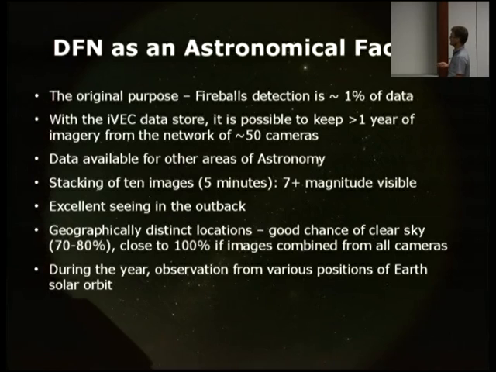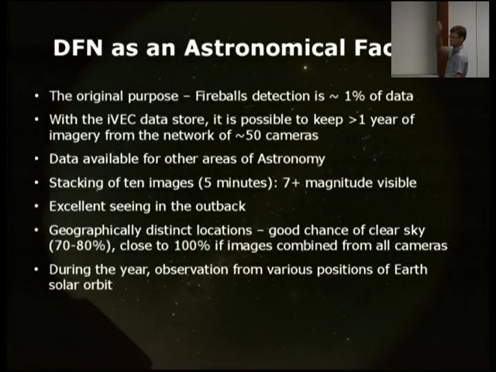A little bit about the quality of the images: the seeing in the outback is pretty good. On the last trip we were able to see that Venus cast shadows on the ground. So with this seeing, if we stack 5 minutes, we get 7, maybe 8 magnitude vision.